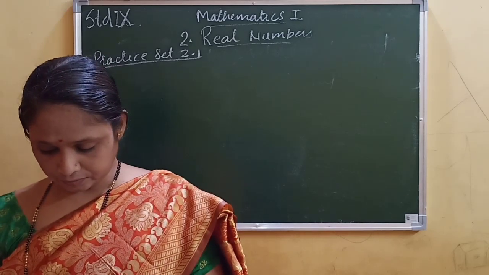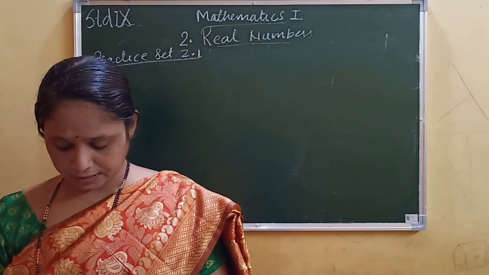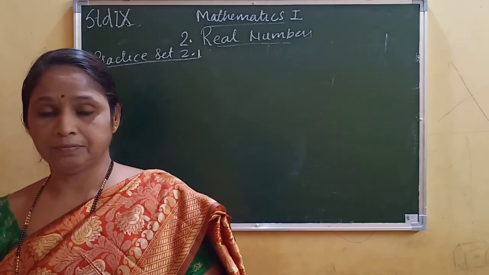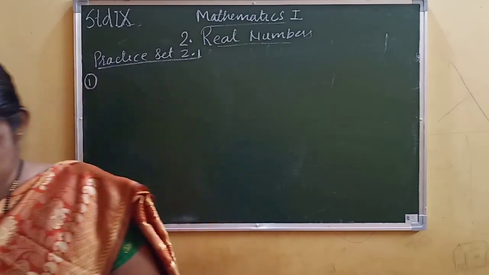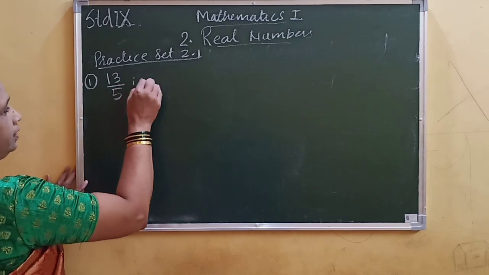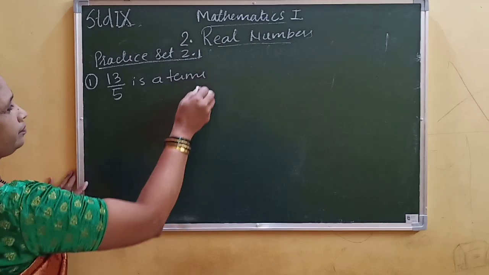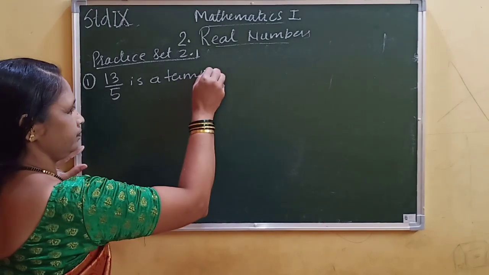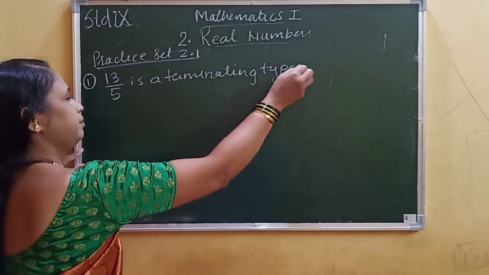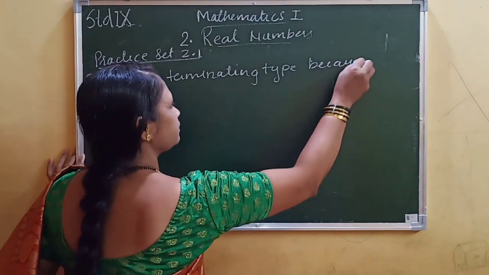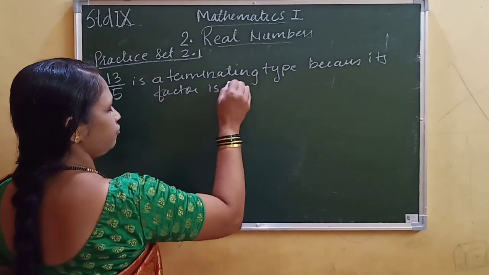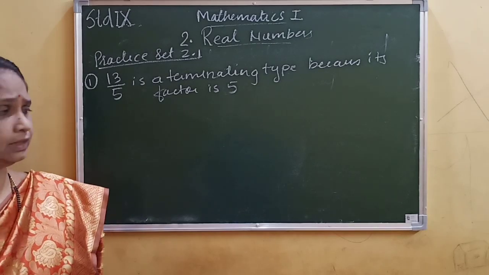So what will you write? 13 upon 5 is terminating type because the denominator's prime factor is 5. Okay, 13 upon 5 is a terminating type because its factor is 5. You can say prime factor or factor is 5.